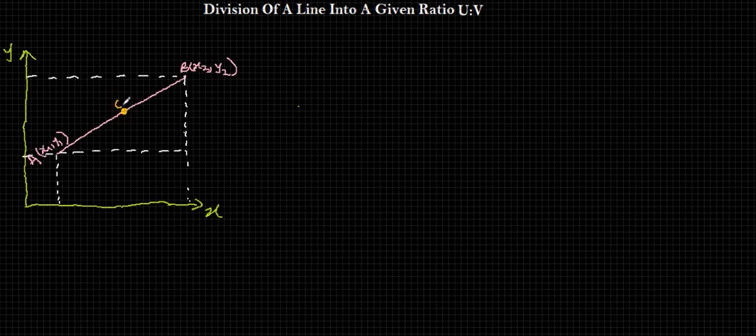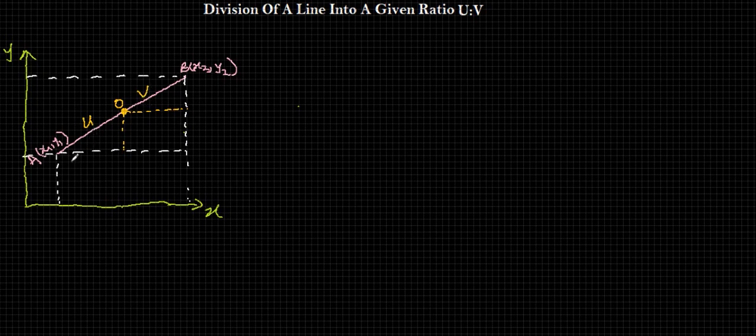Let's say the point divides this line into a given ratio, say u here and v here, exactly. And then you can also trace this down to the x and to the y respectively.